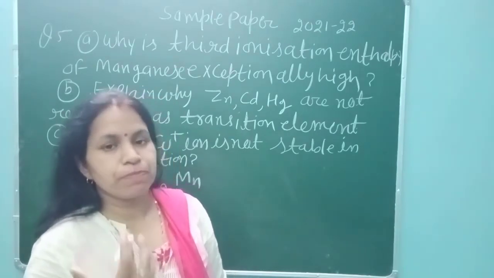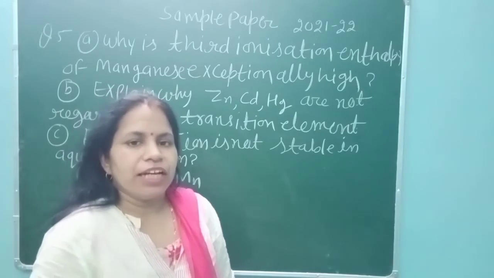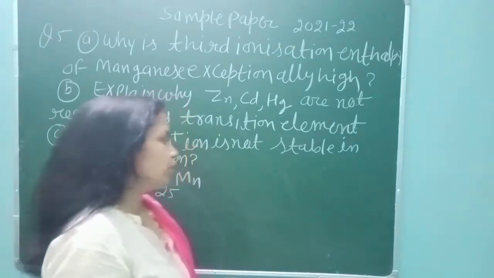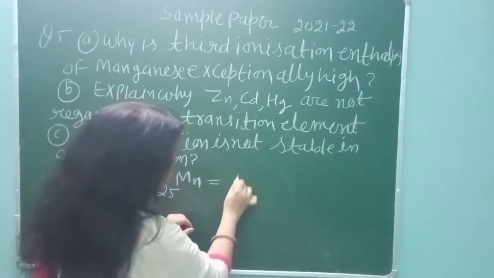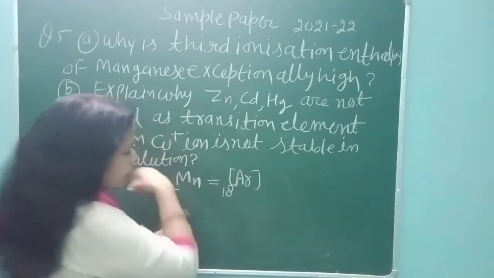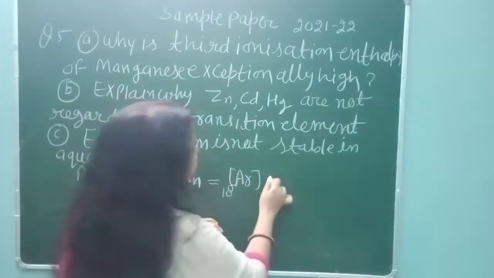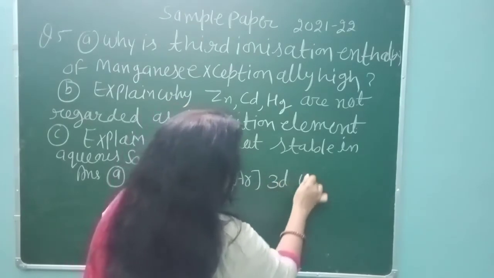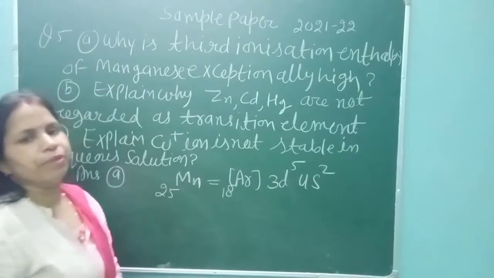You have to explain any question by electronic configuration. इलेक्ट्रॉनिक कॉन्फ़िगरेशन मैंने आपको निकालना सिखाया था. Argon 18 electrons are filled. Now how many electrons remaining? 4s2 3d5. This is the Mn.